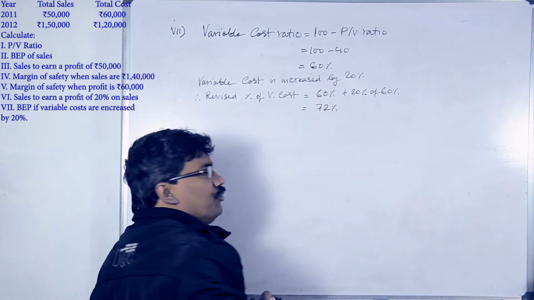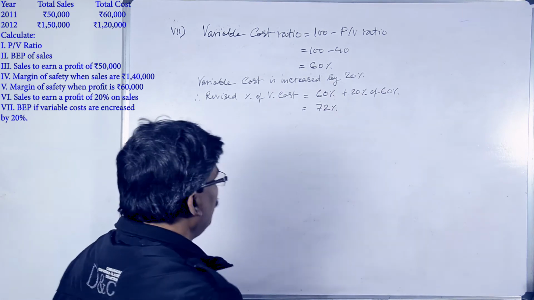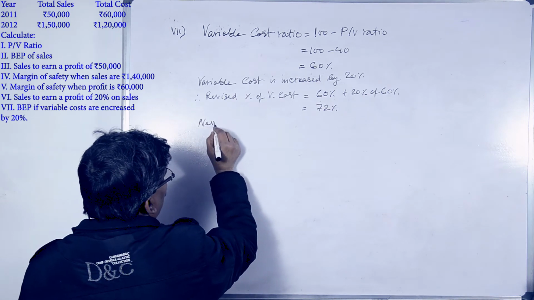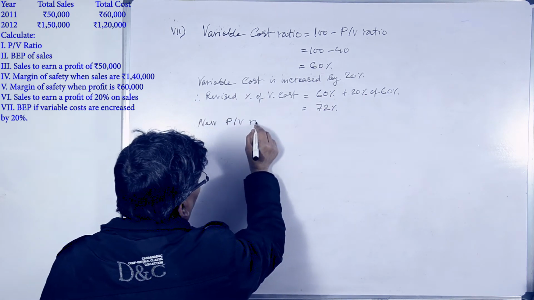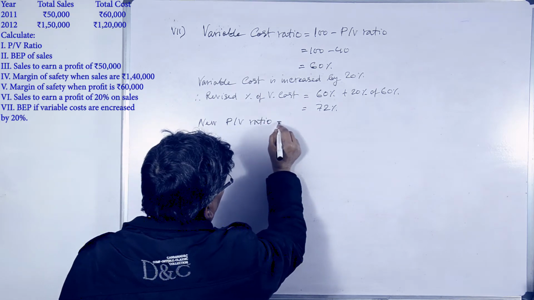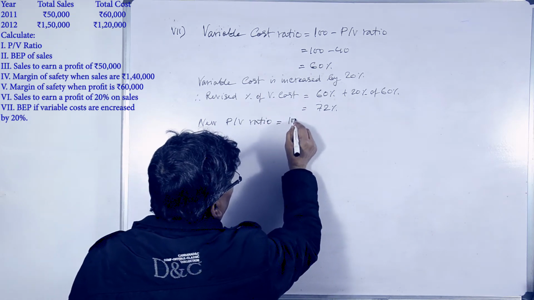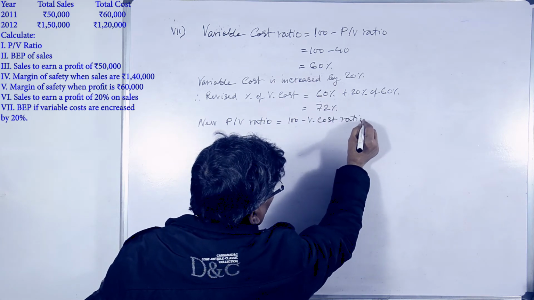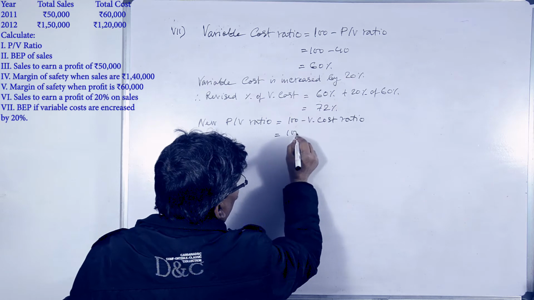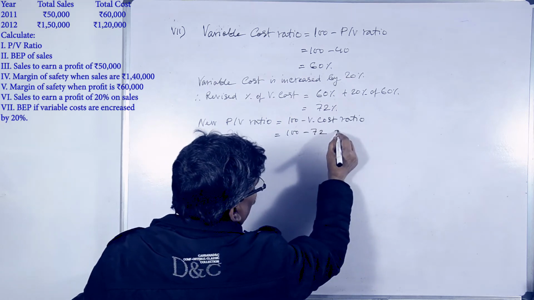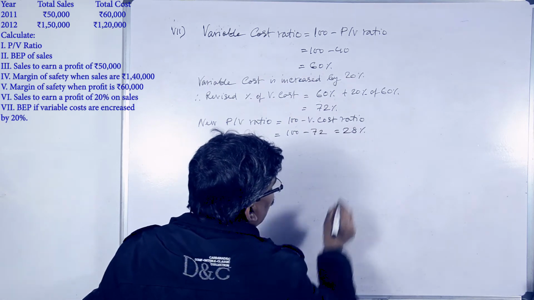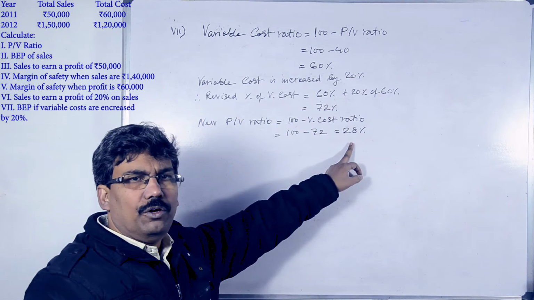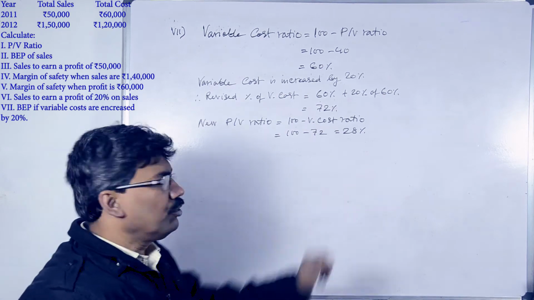Now variable cost is increased by 20%. New PV ratio equals 100 minus variable cost ratio, 100 minus 72, that is equal to 28%. Now the PV ratio you got, PV ratio is reduced to 28% from 40%.